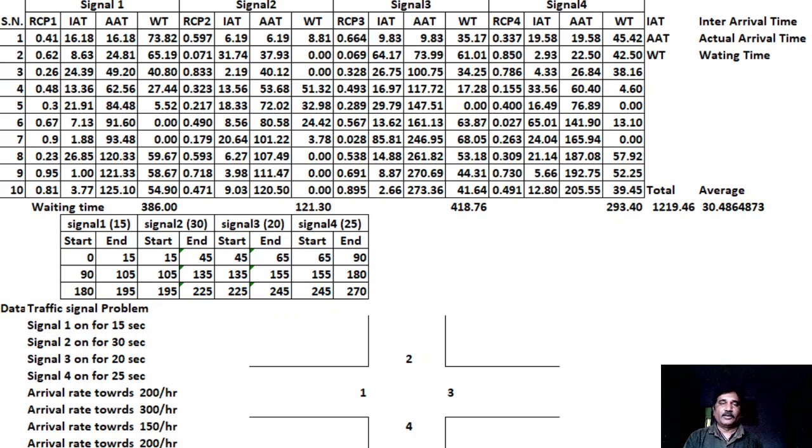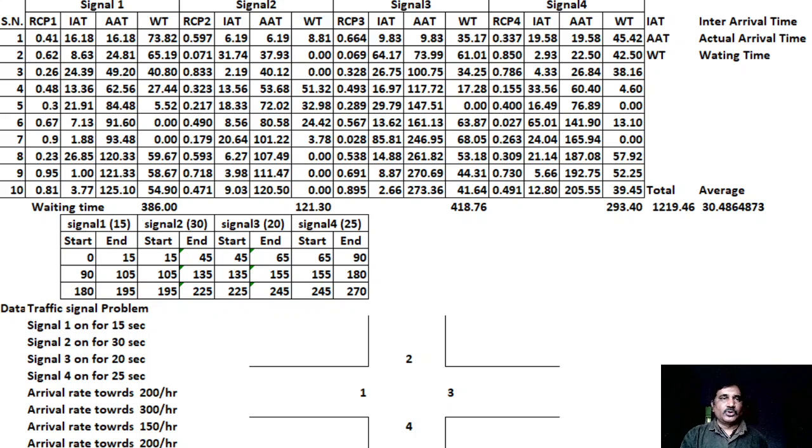Signal 4 will be on between 65 to 90. Then after 90 to 105 seconds, signal 1 will be on, and likewise you can find out the other signal timings. This signal timing will help us in finding the waiting time.